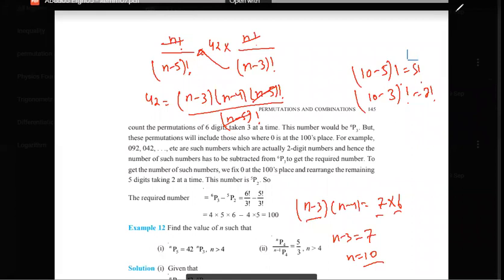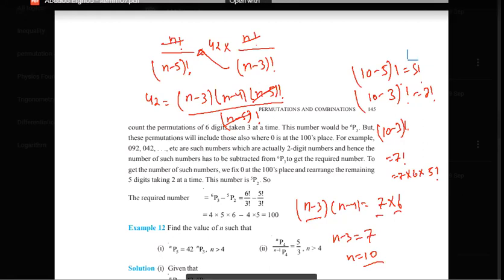Now think about it: 10 minus 3 factorial is 7 factorial, which is 7 into 6 into 5 factorial. So if 10 minus 3 is equal to 7, what is 6? It is 10 minus 4.